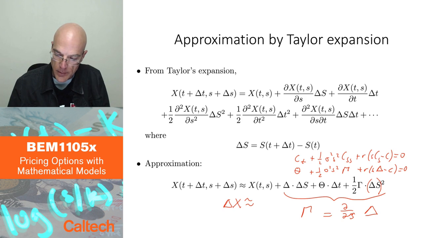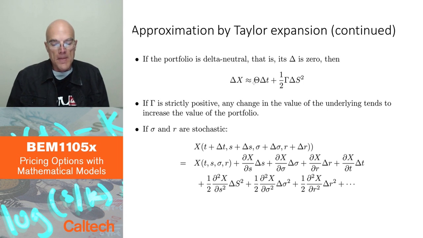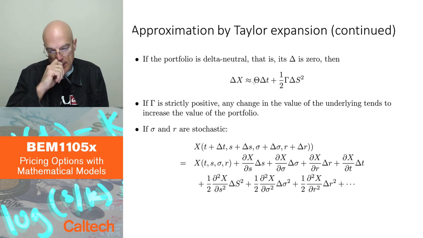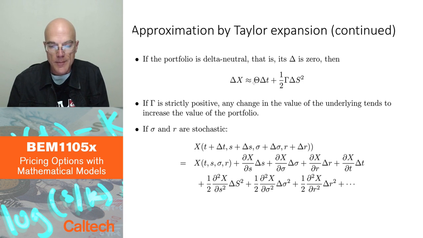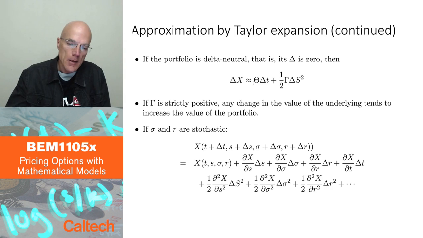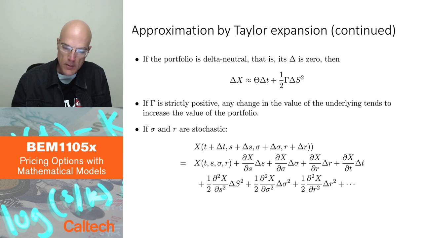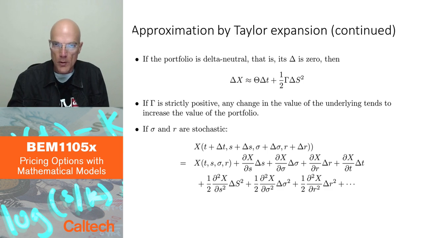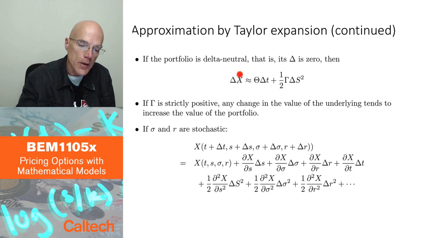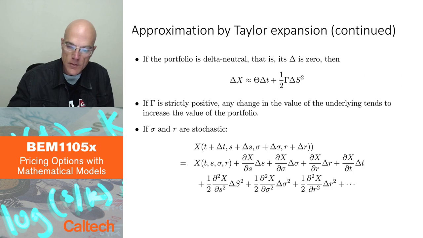But first, let's see what's next. From the previous slide, if you do make your delta equal to 0, that's usually the first one you worry about if you want to reduce risk. Then your change in the portfolio would approximately be, if your model is a Brownian motion model and it's a good model, theta delta t plus 1/2 gamma delta S, everything squared.